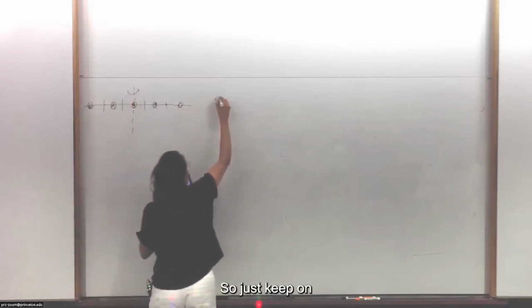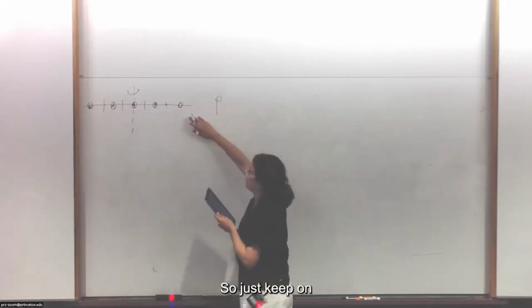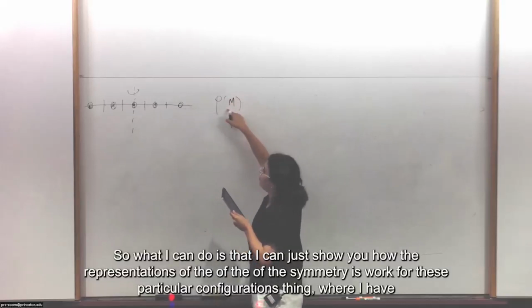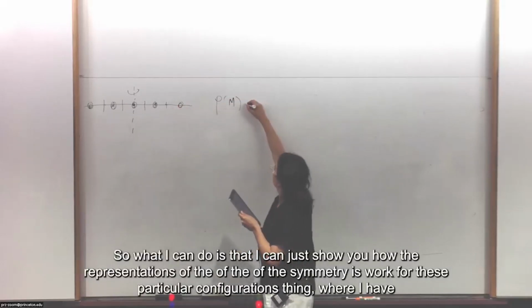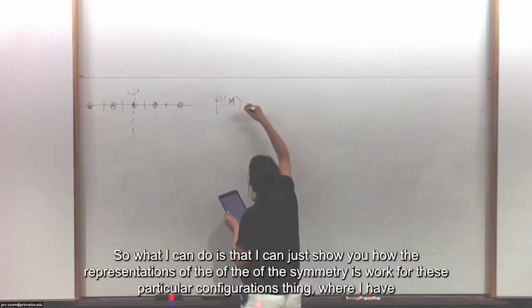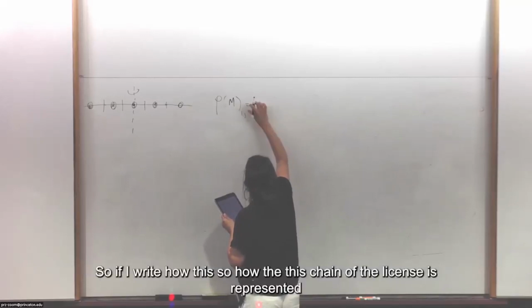If I write how this chain of electrons is represented, in position space, that's Ij, I'm going to write the full matrix here.